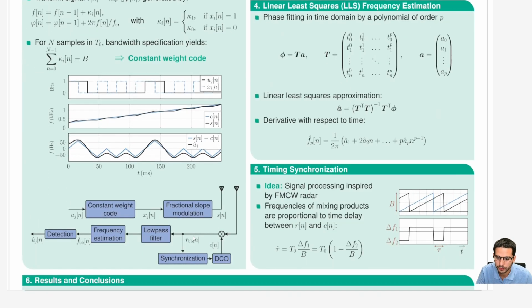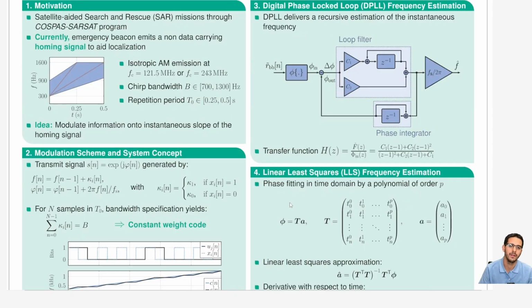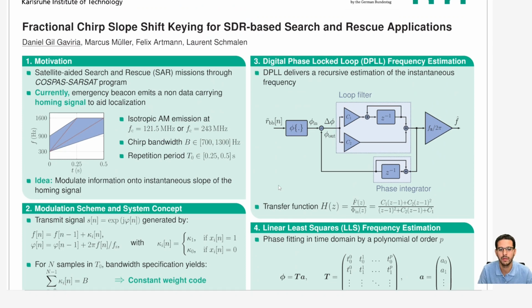At the core of this modulation scheme, we have frequency estimation, since the information is finally coded in this frequency time domain. So we tried out two different methods for the estimation of the instantaneous frequency. The first one is the minimal approach with very low computational power and real-time capability.